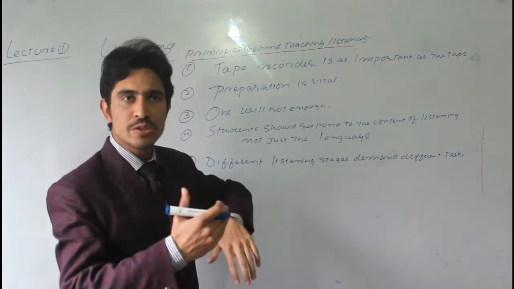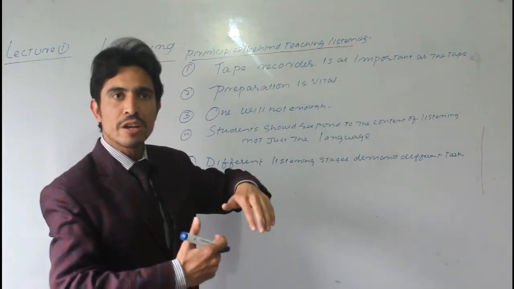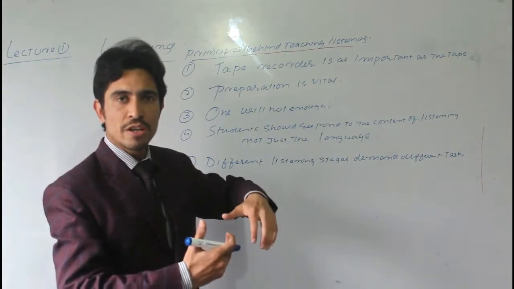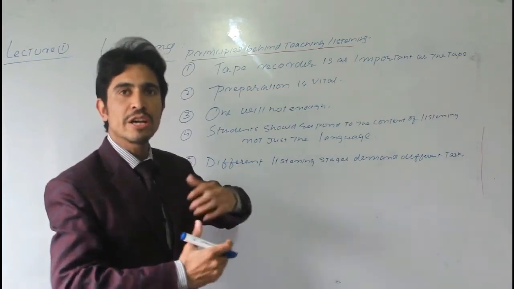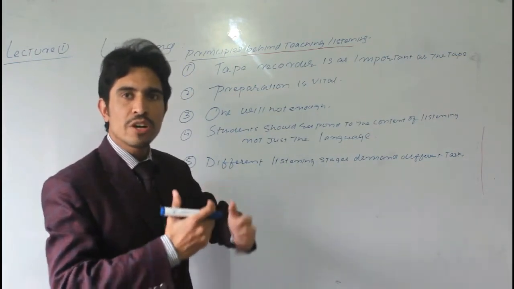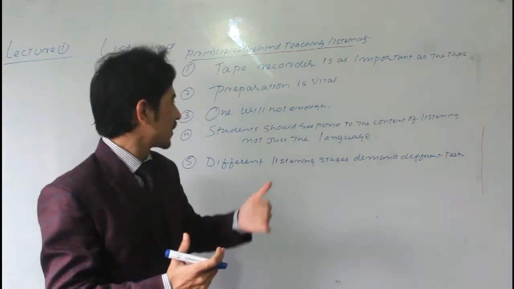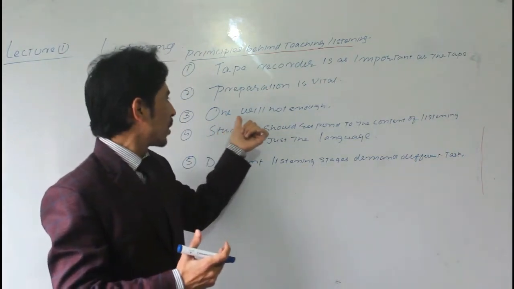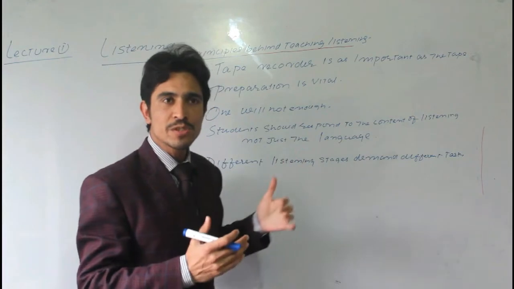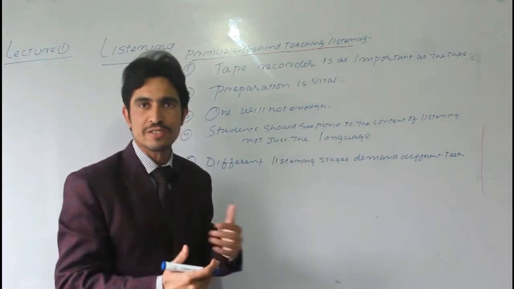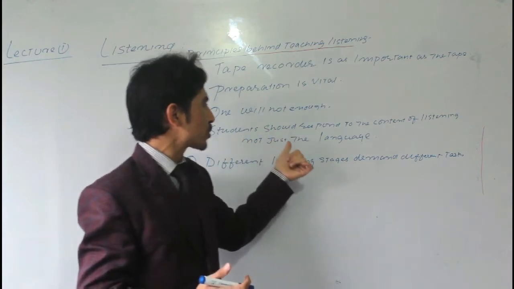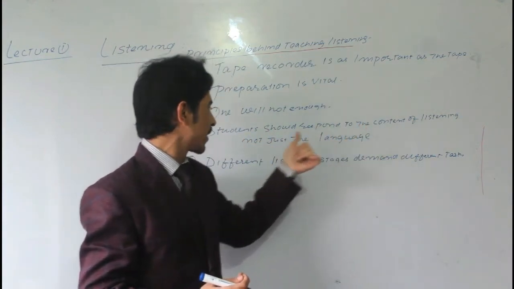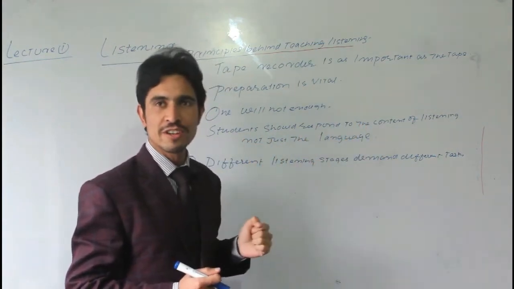The students and the teachers need to listen more and more so that they will be able to comprehend, or evaluate the students as well. And the third one is: one listening is not enough. This means that there should be repetition. Isn't it clear?